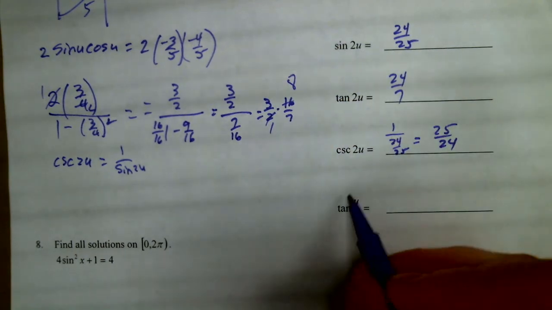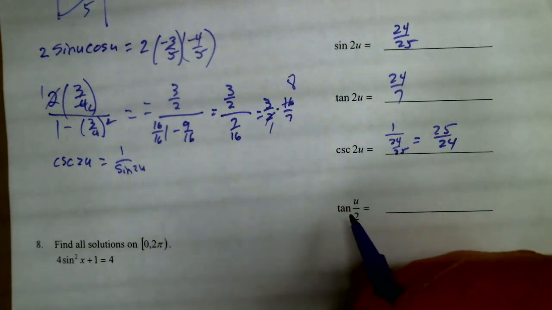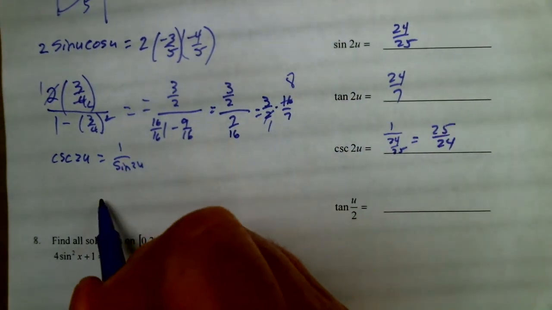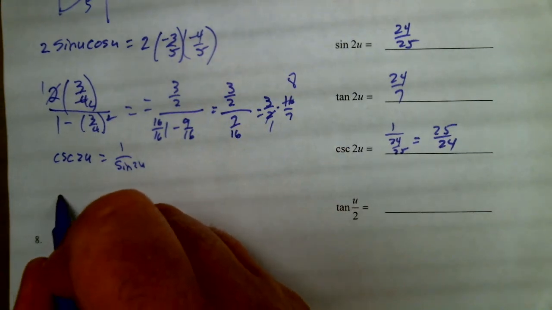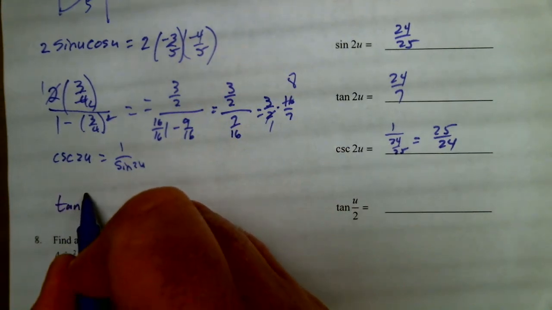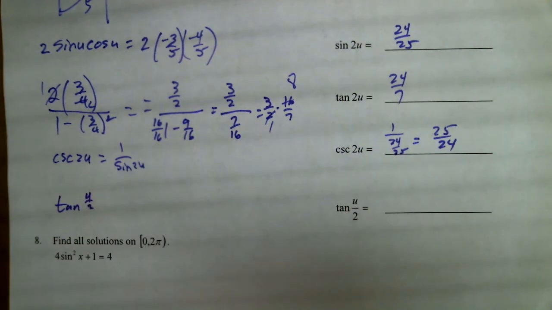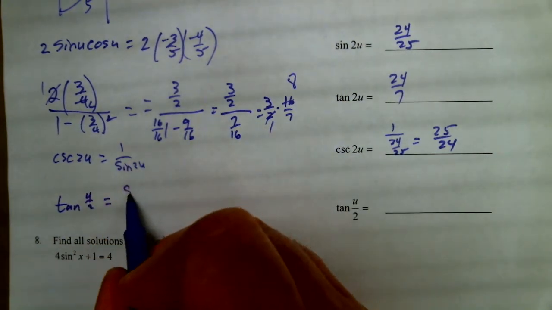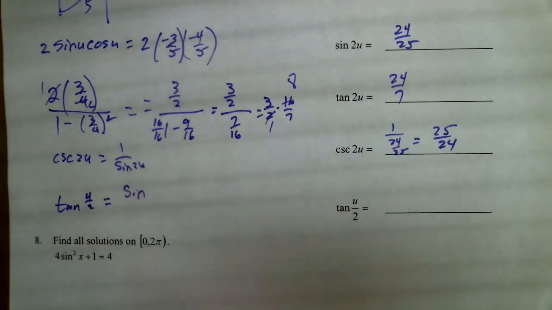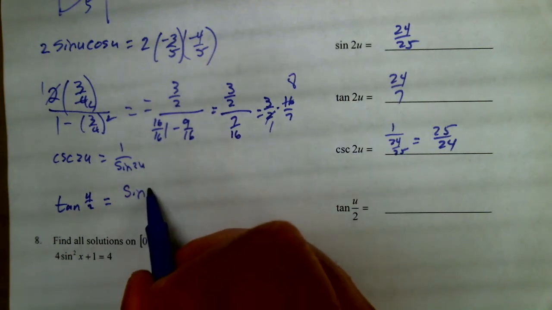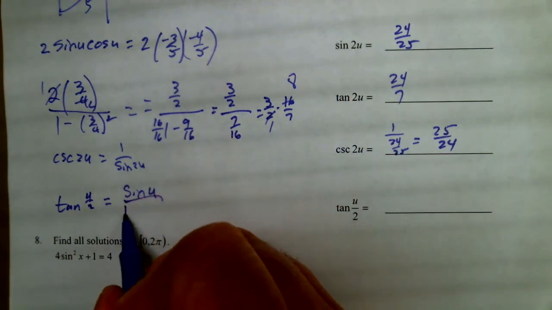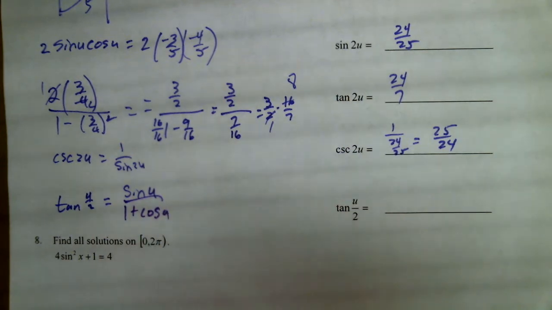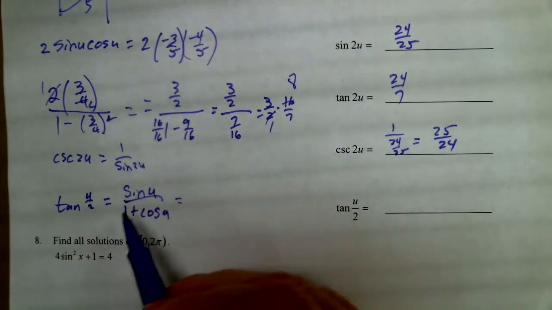Let's go to the half angle formula for the tangent. The half angle formula says that the tan of u over 2 is equal to the sine of u divided by 1 plus the cosine of u. Well, we know those values, so let's plug in.